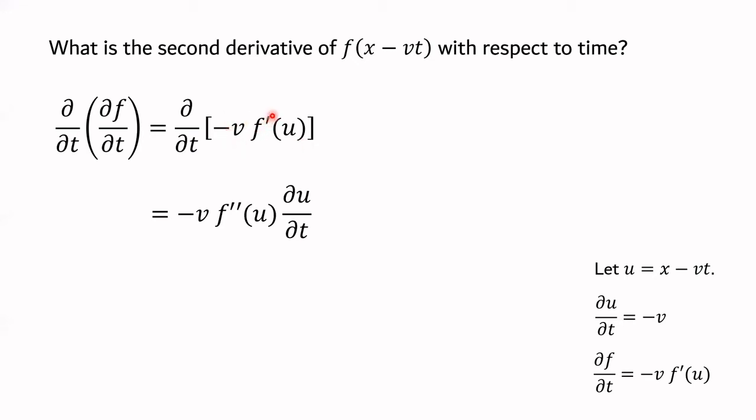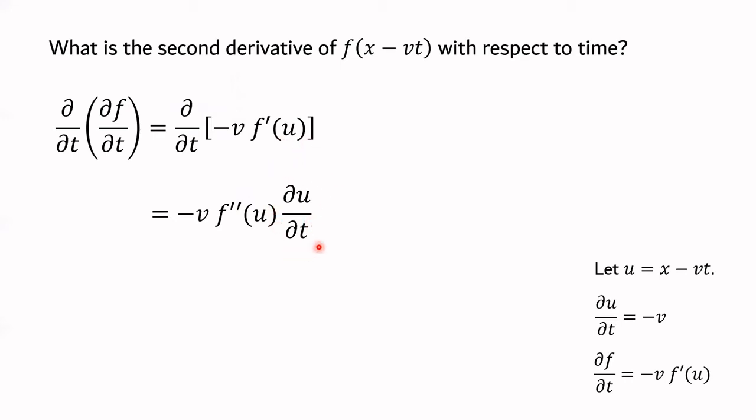Okay. Well, as I said, the first thing we do is differentiate all of this with respect to u. Never mind the v, that's a constant. So it's really just f double prime of u, right? d du of f prime of u is f double prime of u. And then don't forget to multiply by the derivative of u with respect to t. I've used the chain rule.